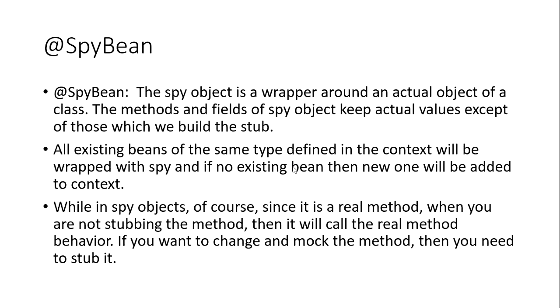It will return the actual value which that method returns. So that's the difference. In the case of a mock object, it will always return null, because it's an empty object. But with spybean, if you don't apply a mocking behavior, it will invoke the actual method and return the actual value.